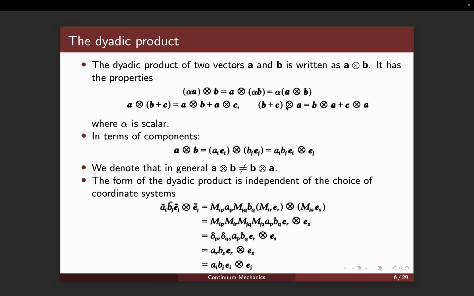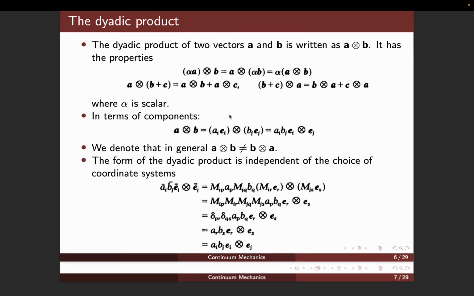The next one is that taking a dyadic product of a vector with the sum of two vectors is equivalent to the sum of the dyadic products of that vector with the two other vectors.